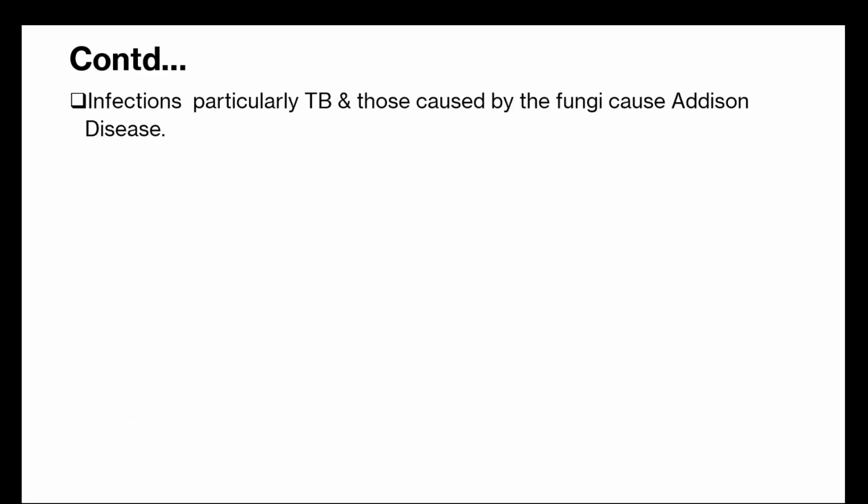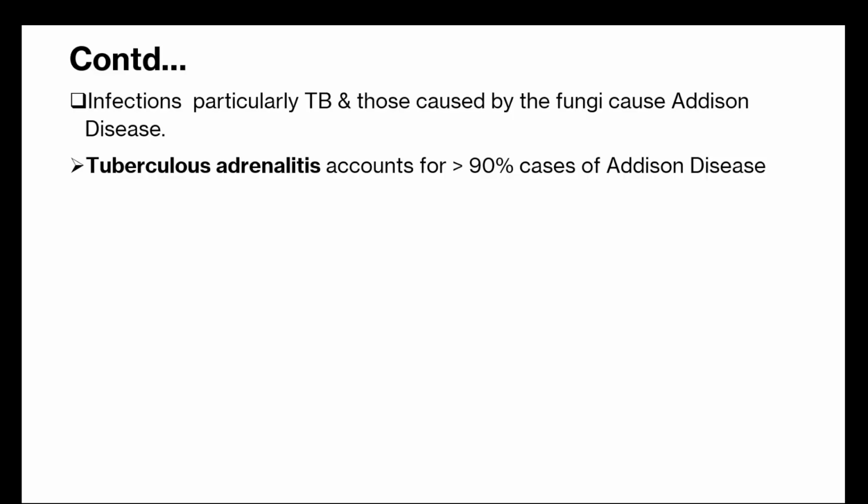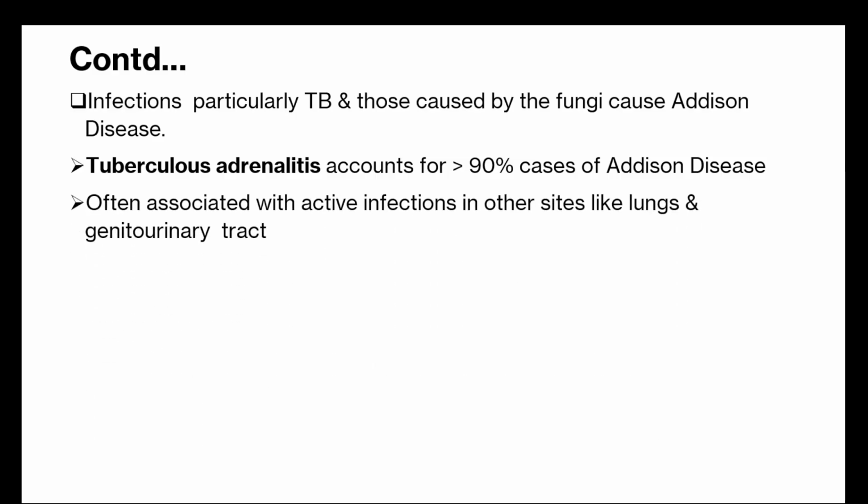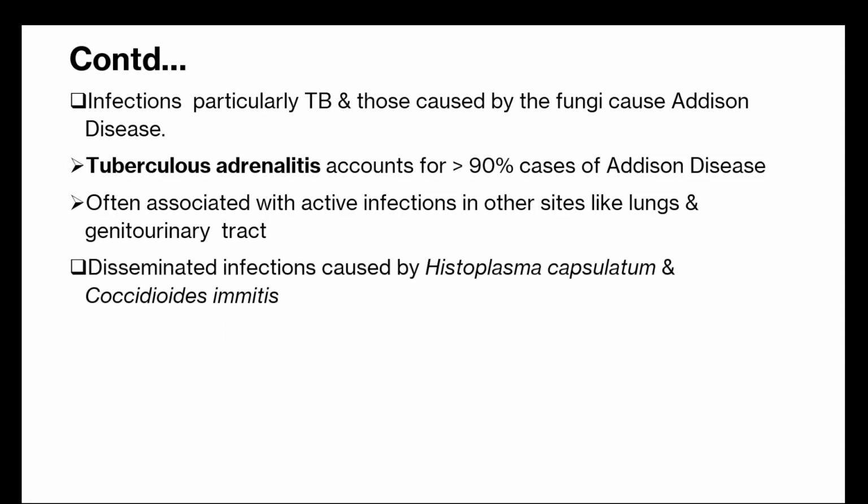So infection, particularly tuberculosis and those caused by fungi, cause Addison disease as well. Tuberculous adrenalitis, which is from the tuberculous bacterium infection, accounts for more than 90% of cases of Addison disease, and is often associated with active infections in sites like the lungs and the genitourinary tract, and also disseminated infection caused by Histoplasma capsulatum and Coccidioides immitis.